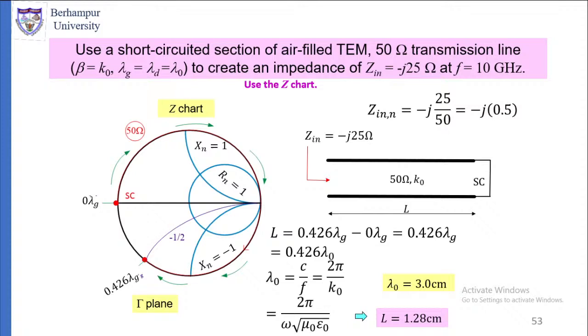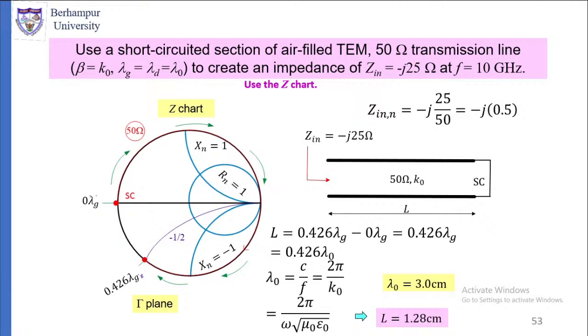So on the line, locate minus J 0.5. Look, that is the second red dot on the lower half.